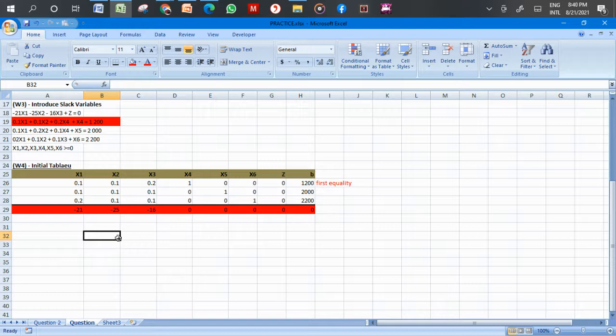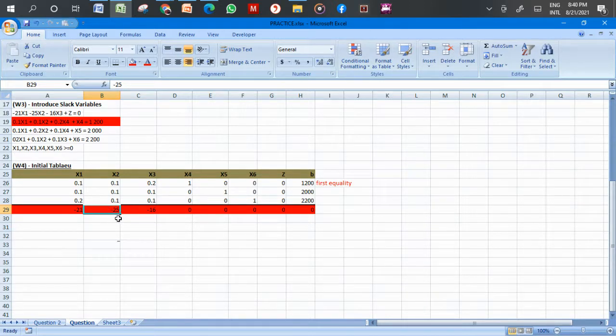So the question is, how do we remove the negatives? The first thing is to identify the pivot variable. The pivot variable lies in the column where we have the smallest number in the last row.